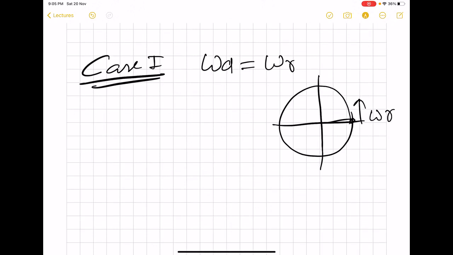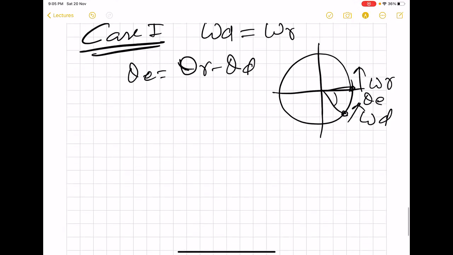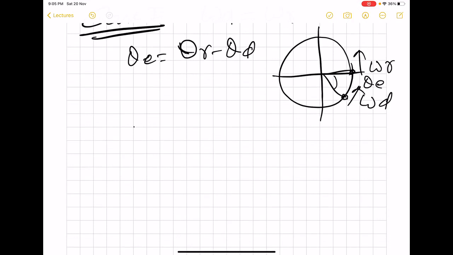This is omega R and this is omega D. So we have this much of positive phase error. So theta E is theta R minus theta D. So this corresponds to taking signals of this form.